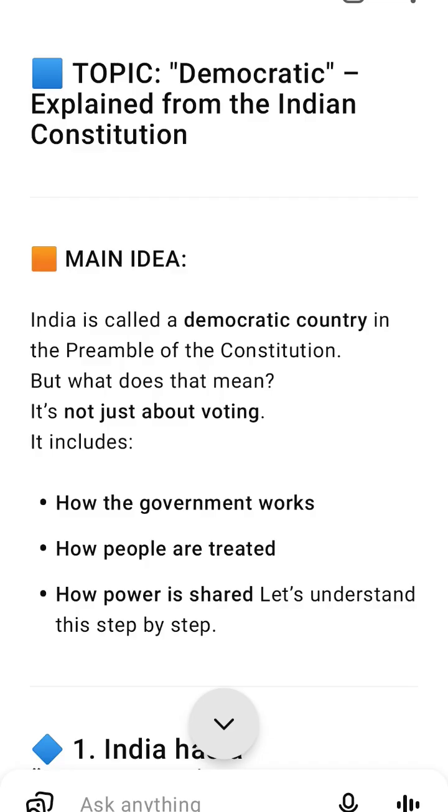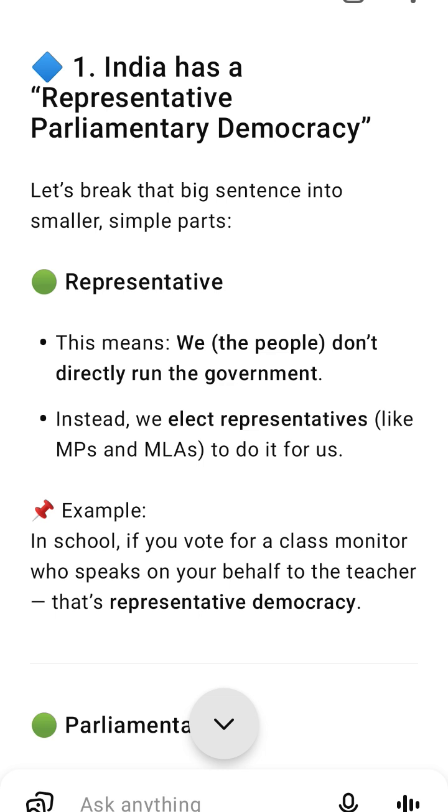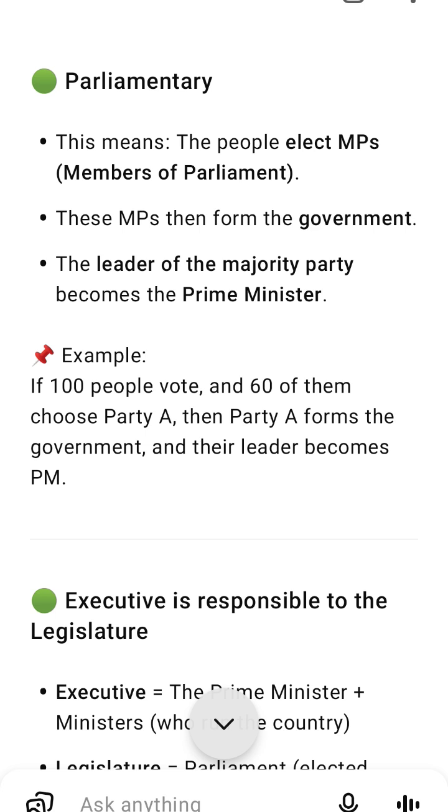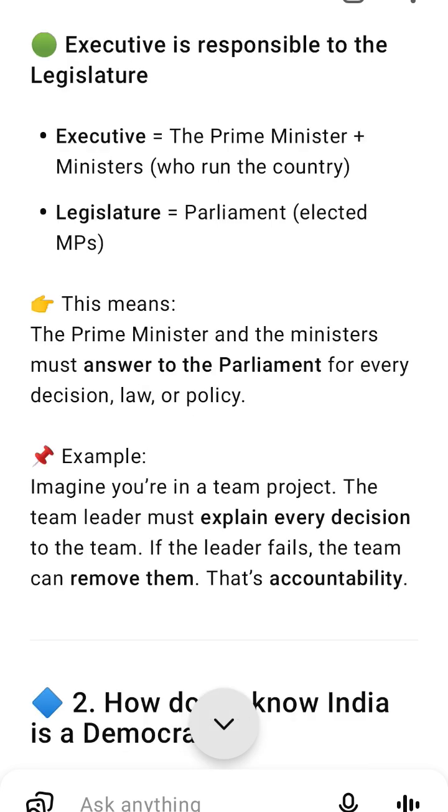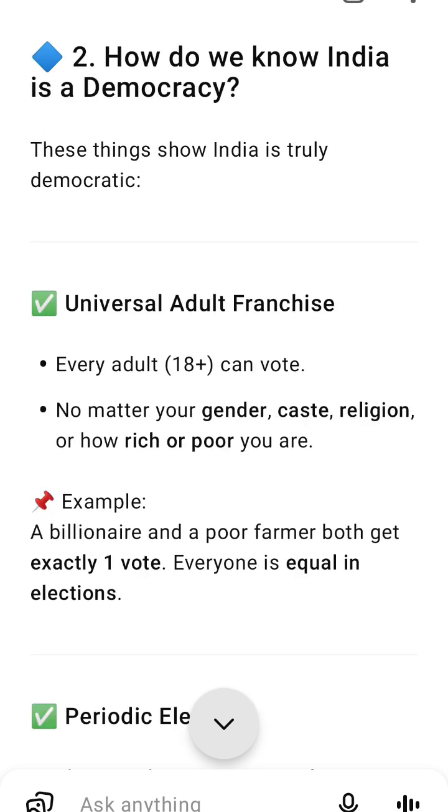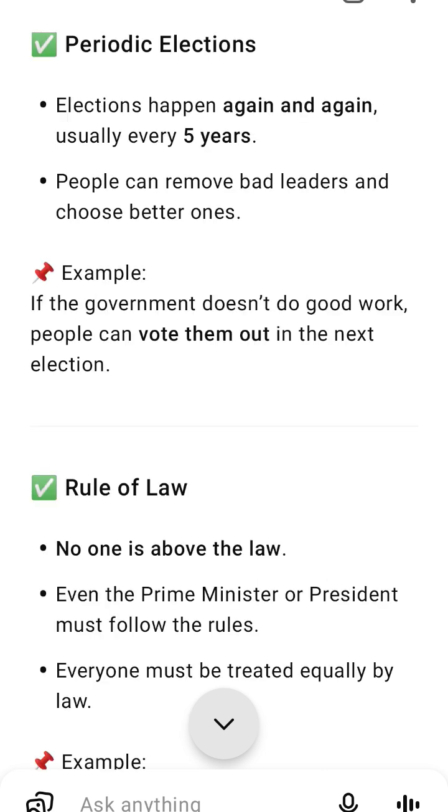3. Democracy in a broader sense. The word democratic in the preamble of the Constitution does not only mean political democracy, like voting. It also includes social democracy. Everyone in society should be treated equally with dignity, regardless of background. There should be no untouchability, no caste discrimination, and equal access to opportunities.